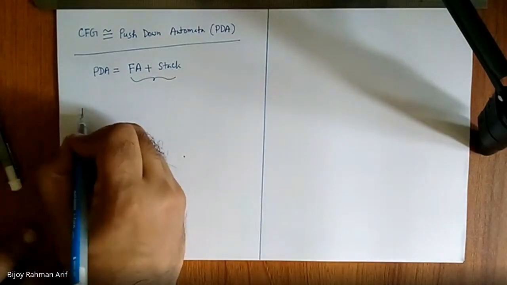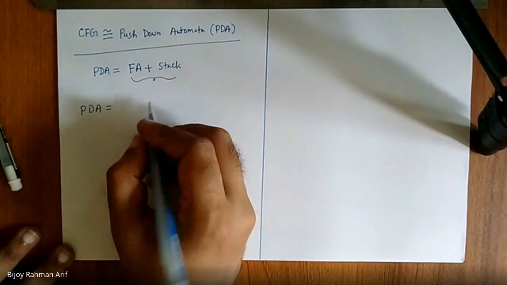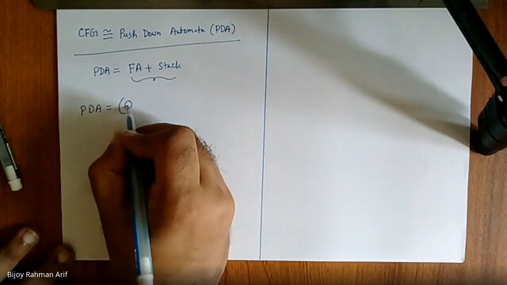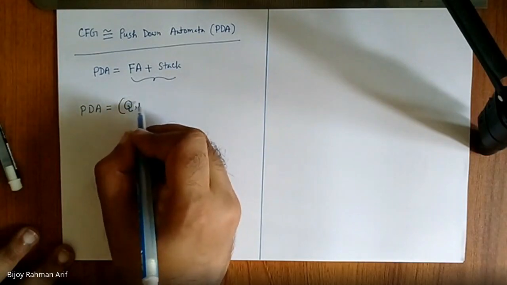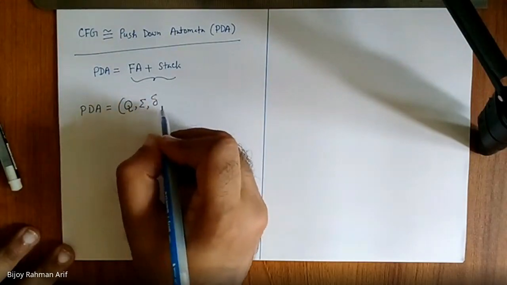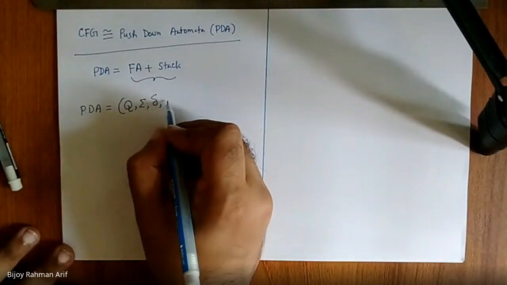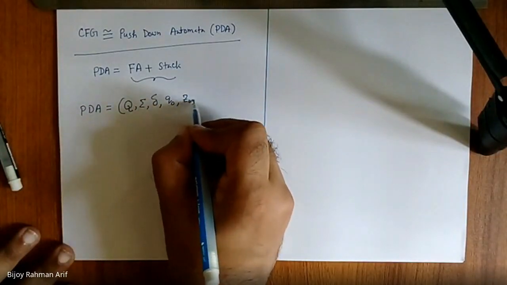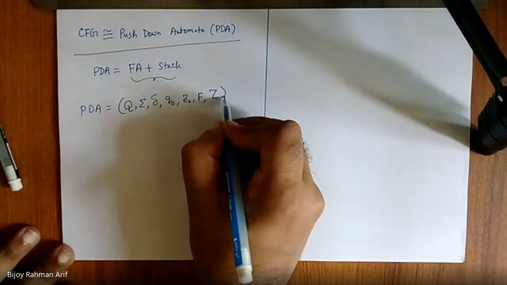The push down automata can be defined using these 6 terms: Q, sigma, delta, Q naught, Z naught, F, and tau.